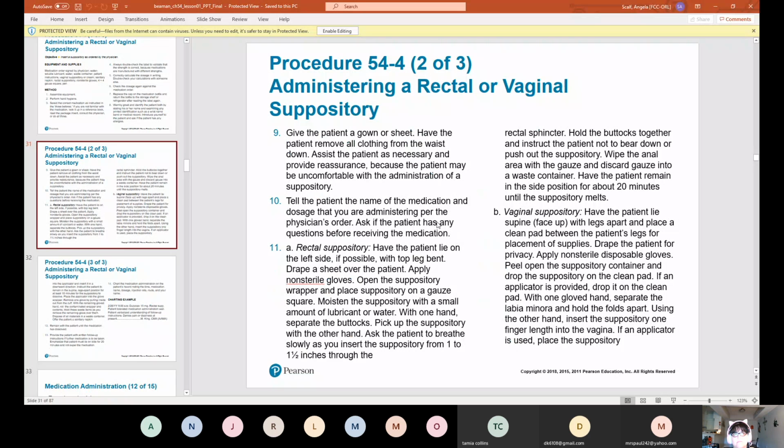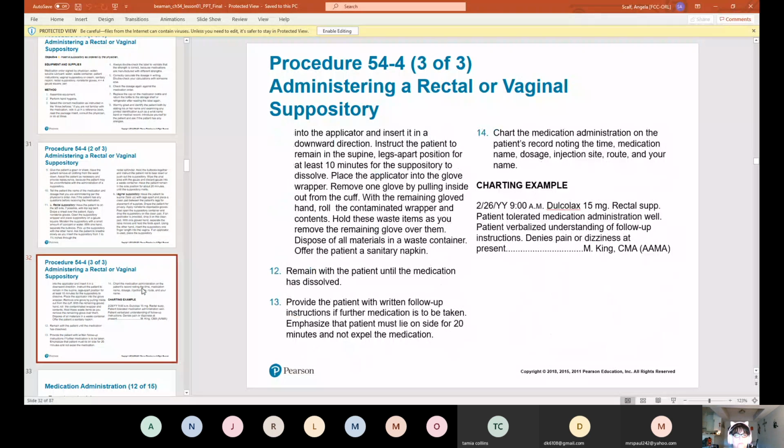I'm a bigger girl, and when you have a well-woman exam, they give you this little paper sheet, and it barely covers a boobie. So think about that. Make sure you're thinking, hey, my patient should feel as comfortable in the situation as they possibly can.